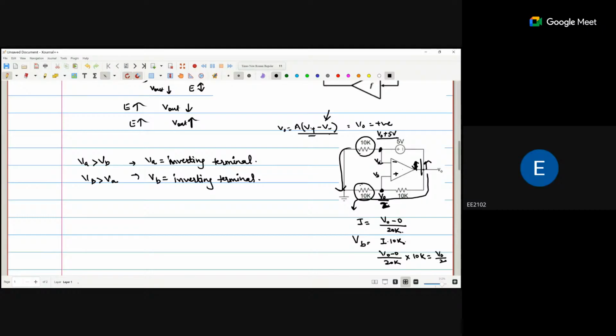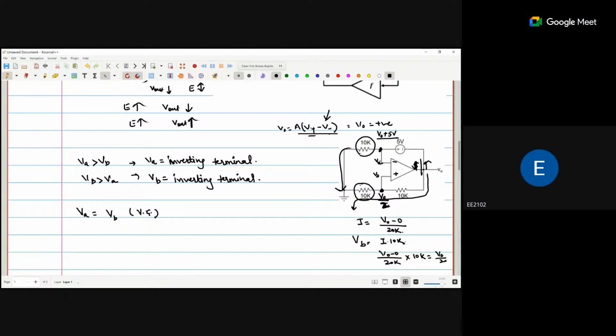Now in question number 11, we are given both voltages. What do we do? We know that if it operates in negative feedback, the voltage at the positive terminal is equal to the voltage at the negative terminal because of the virtual ground.